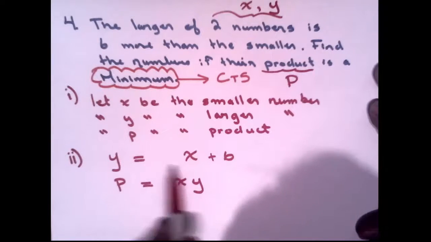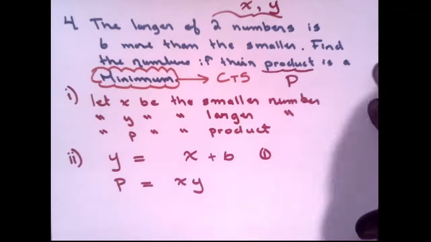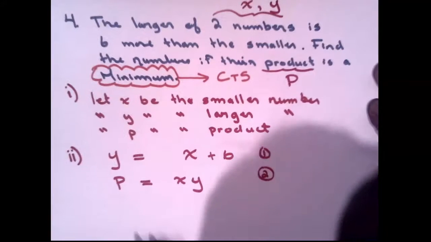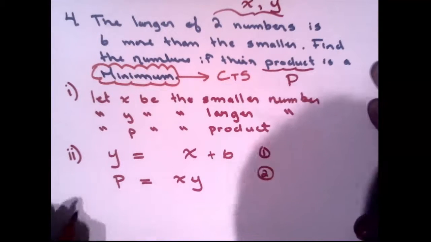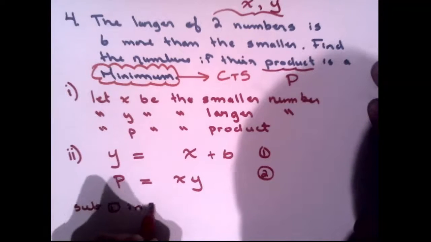So we're going to have to complete the square on this equation, but only after we do one important step. That's equation 1, that's equation 2. You need to sub 1 in 2.